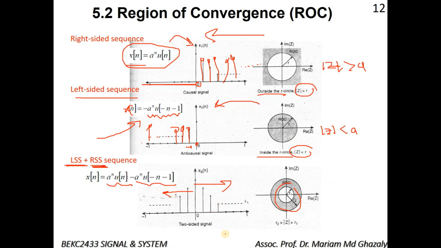When you have a both-sided sequence like this, you will expect the region of convergence in the form of a ring-shaped ROC, which means |z| is less than R2 in this case, and |z| is more than R1. So there are three main types of region of convergence: outward type, inward type, and ring-shaped type.